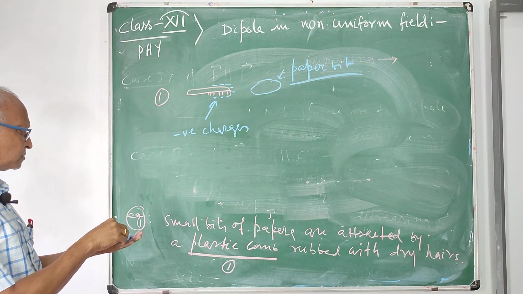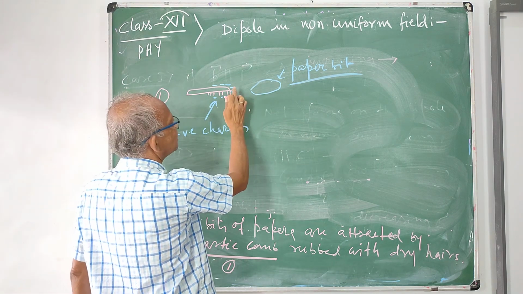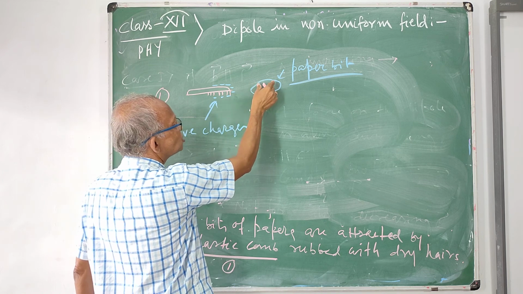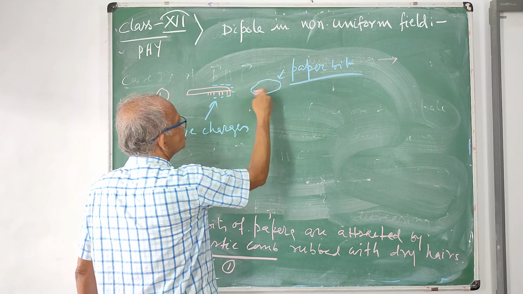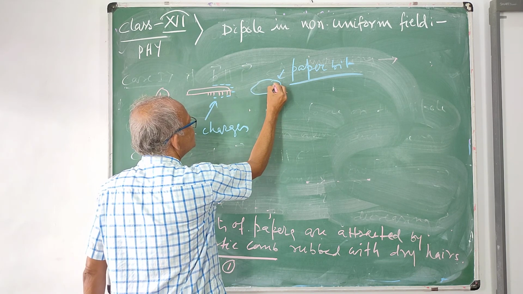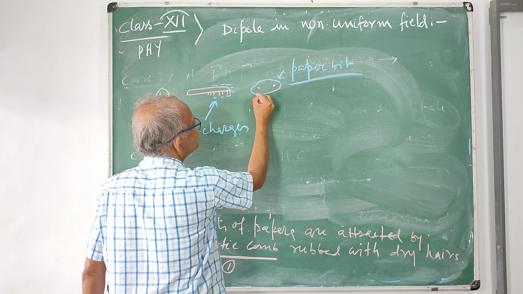small bits of paper, small size of paper. Now the question is, because of this external electric field, these bits of paper acquire dipole moment, and here, though it is electrically neutral, net negative charge is now developed right here, and this is the net positive charge.